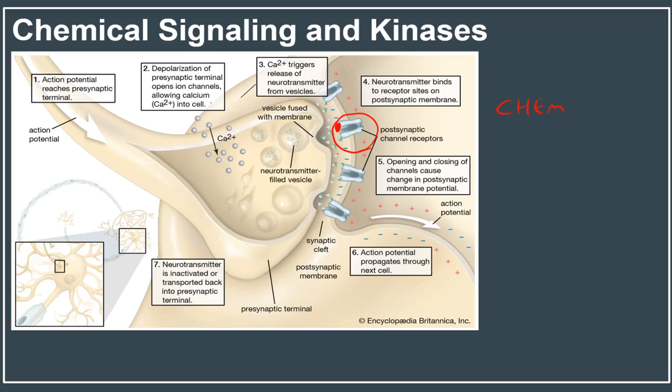We were using that as an example of information that cell number 2 needs to know, that cell number 1 is trying to talk to it, so it's spitting out some neurotransmitter in this space. This is outside information that this cell needs to know about if the name of the game is communication.